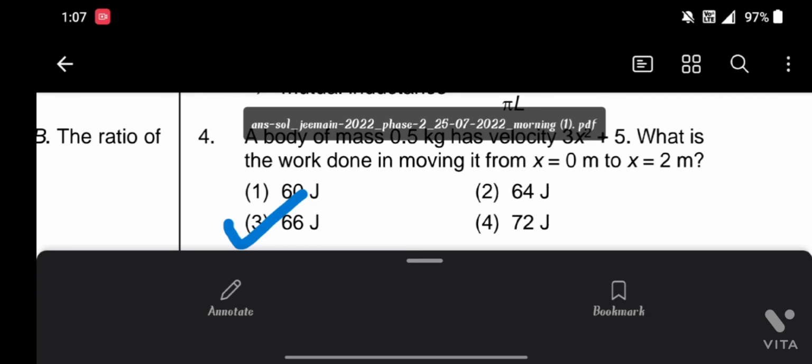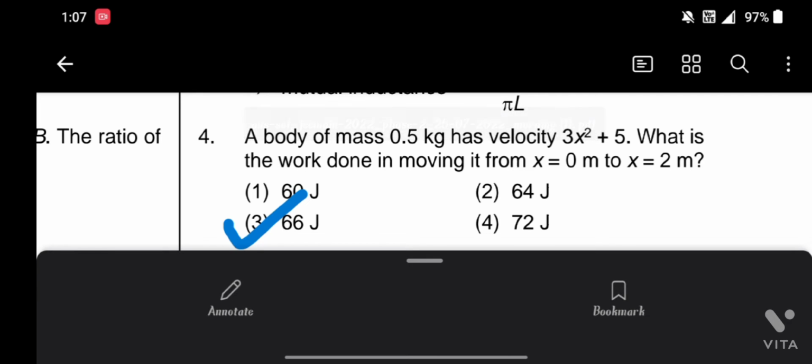Okay, so let us see our next question, question number 5, and then we will solve that question also.